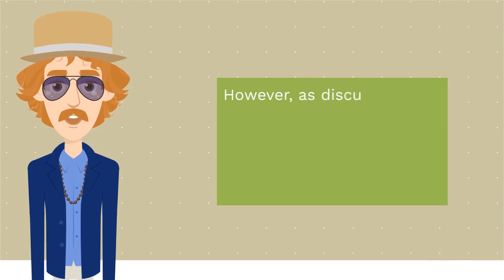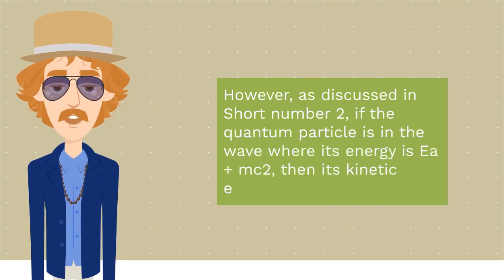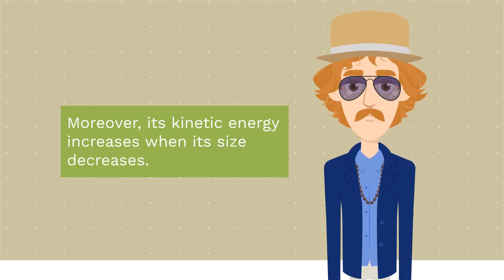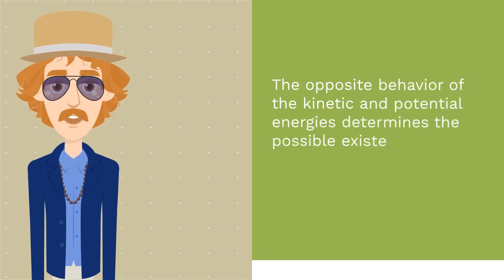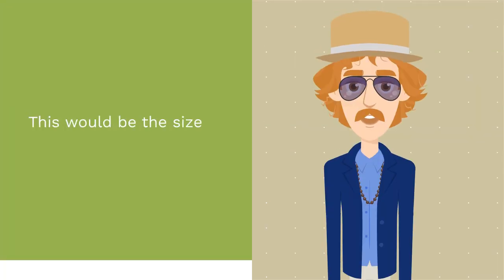However, as discussed in short number 2, if the quantum particle is in the wave where its energy is dA plus mc2, then its kinetic energy is positive. Moreover, its kinetic energy increases when its size decreases. The opposite behavior of the kinetic and potential energies determines the possible existence of a size of the particle where its total energy is minimum. This would be the size of the quantum particle.